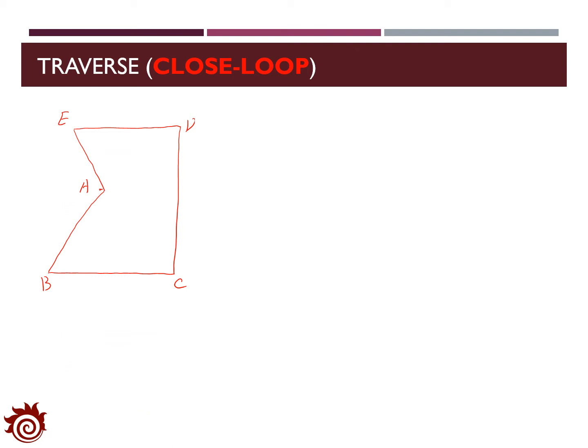In this example, we know the initial line from A to B, and then we apply the traverse starting from the line A to B, and we will measure the directions of BC, CD, DE, and then back to EA. For each turning point, we measure the deflection angle.